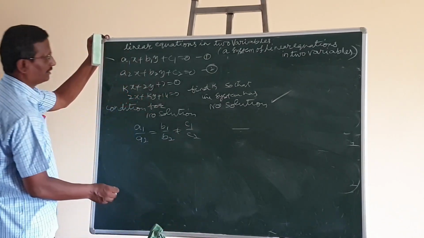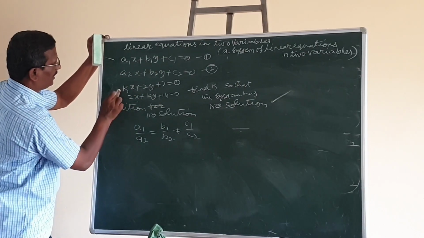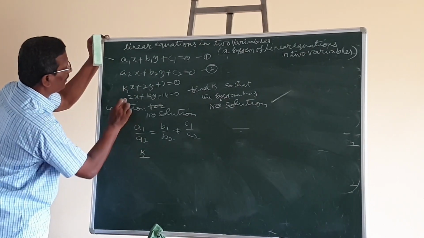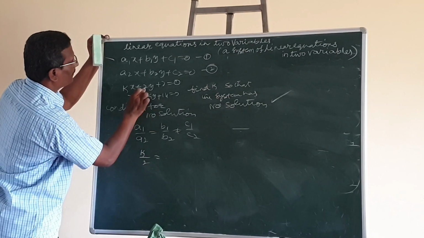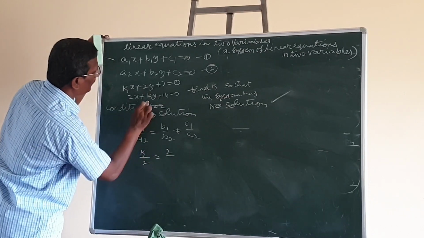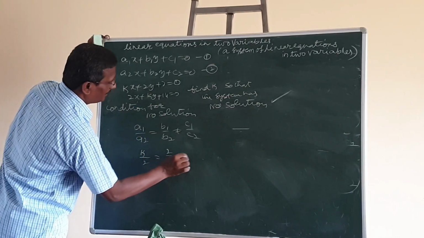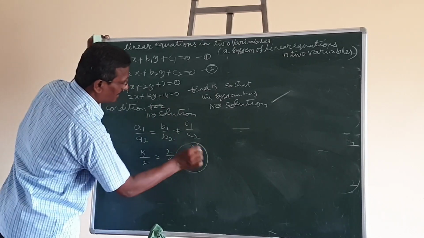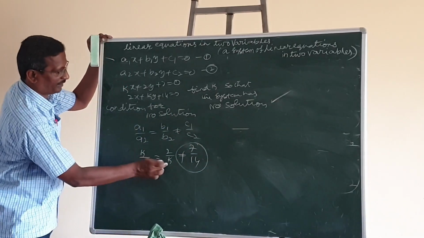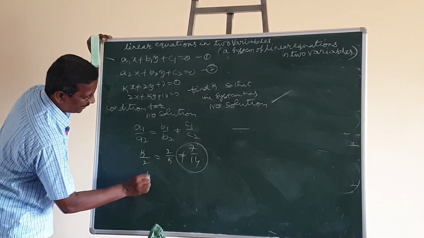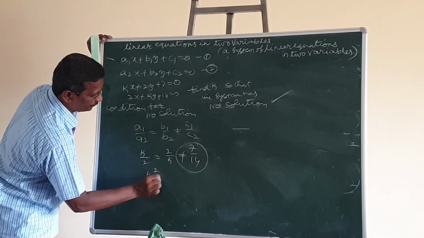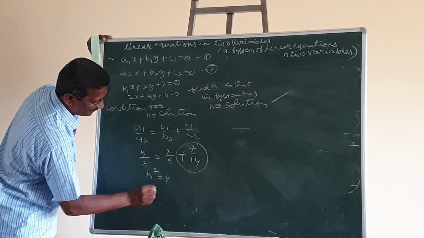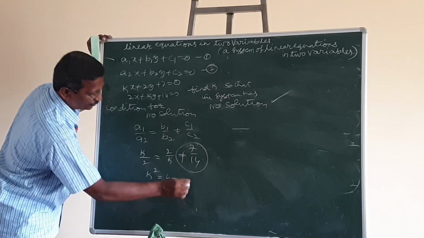When you use this condition, A1 by A2 is k upon 2, B1 by B2 is 2 upon k, which is not equal to 7 upon 14. So let us leave this for some time and let us find out the value of k. k into k is k squared, 2 into 2 is 4. This implies k is equal to plus or minus 2.